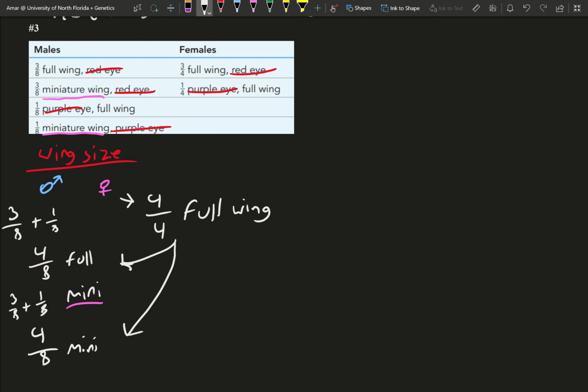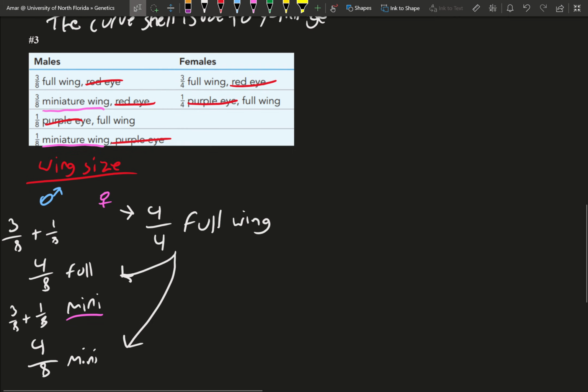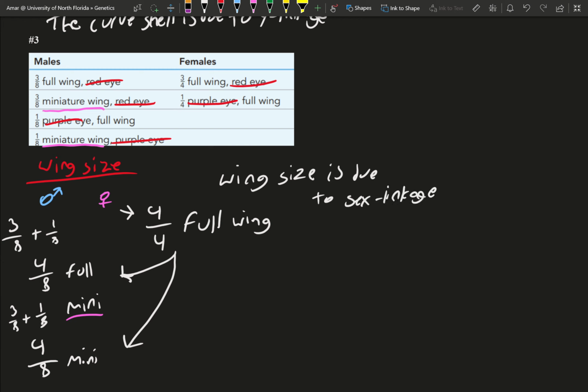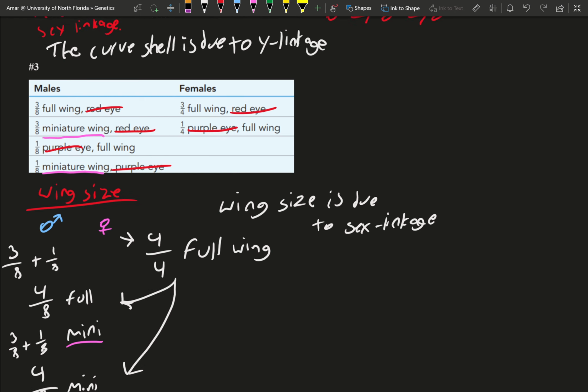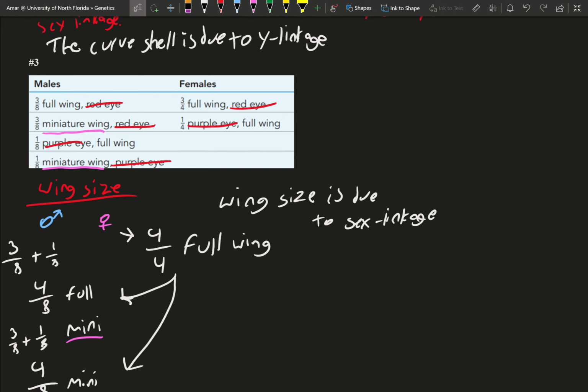So therefore, wing size is due to sex linkage. We can't really determine more from this problem, so we can only refer to this as sex linkage for now.